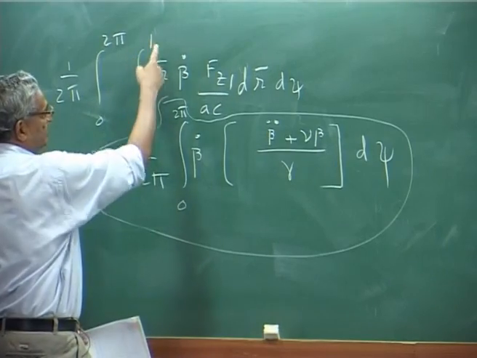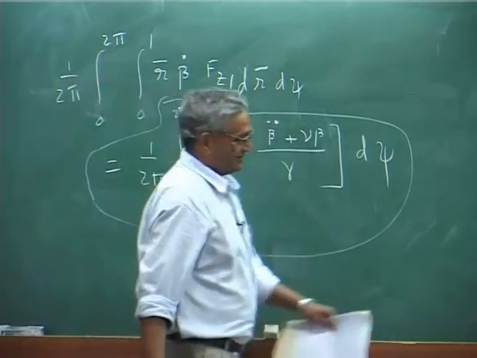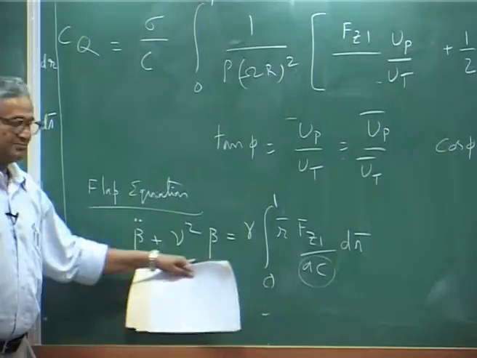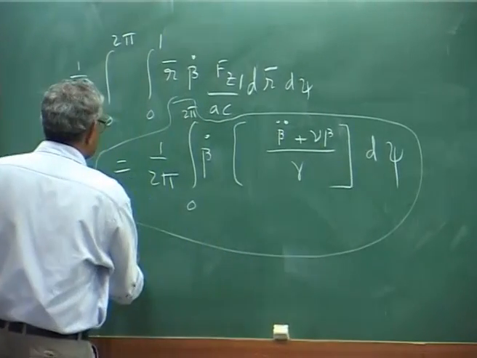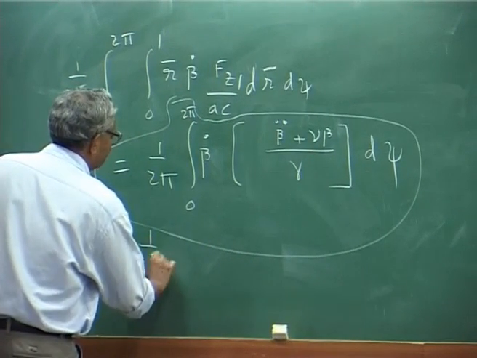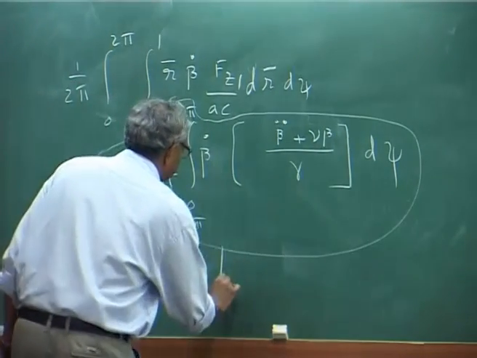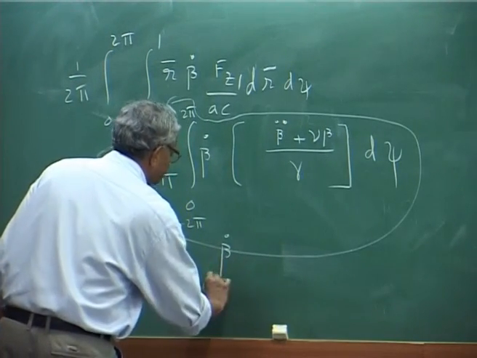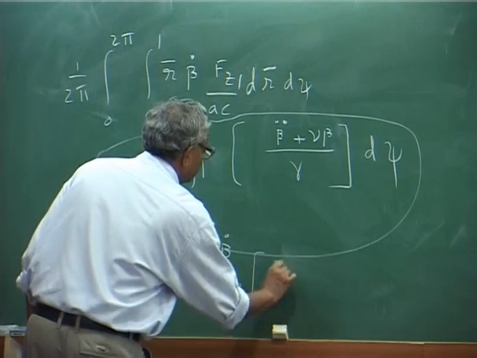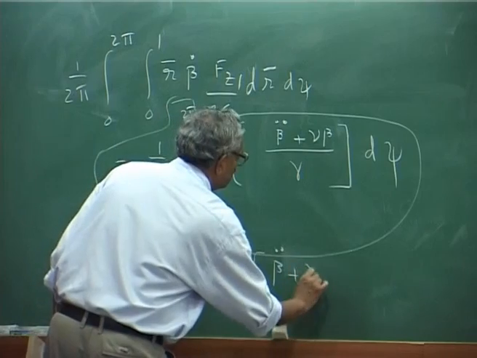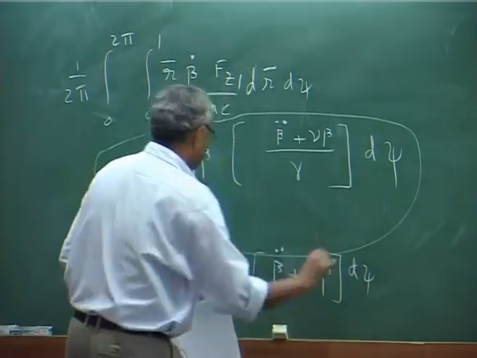That 0 to 1 r bar f z 1 a c dr bar is replaced by this. So you have essentially 1 over 2 pi, 0 to 2 pi, beta dot, gamma is another constant which we will define later, beta double dot plus nu beta d psi.